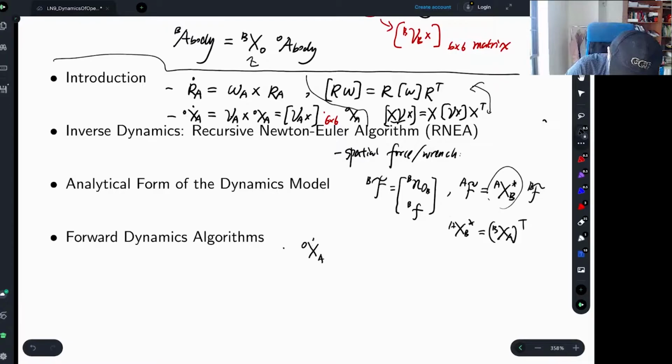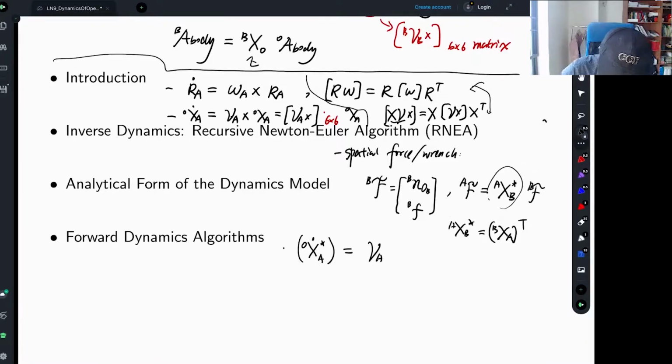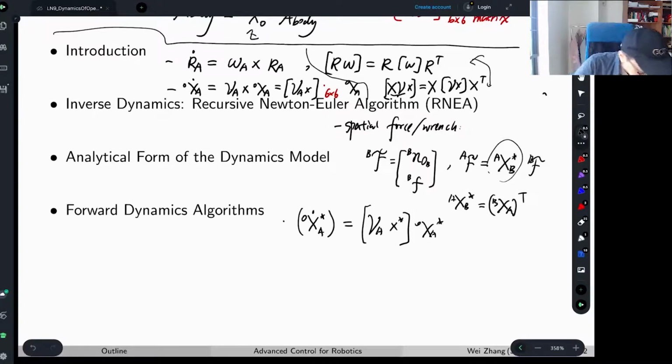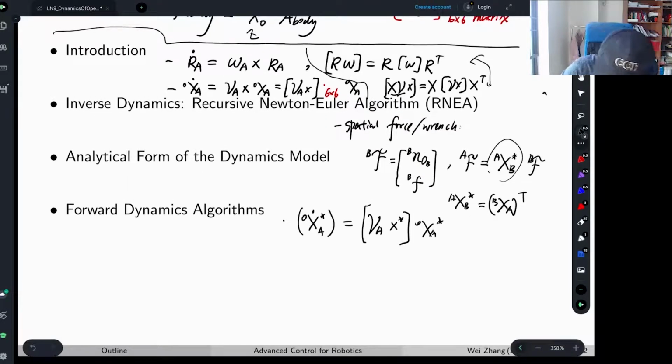Let's say A0 dot, this star will equal the spatial cross product of the A frame spatial velocity. That cross is different from the spatial cross before. It has a little bit of difference. So it has a star there, and times, using matrix representation, X_AO star. Okay, and we have formulas for both of them. That's the spatial force.